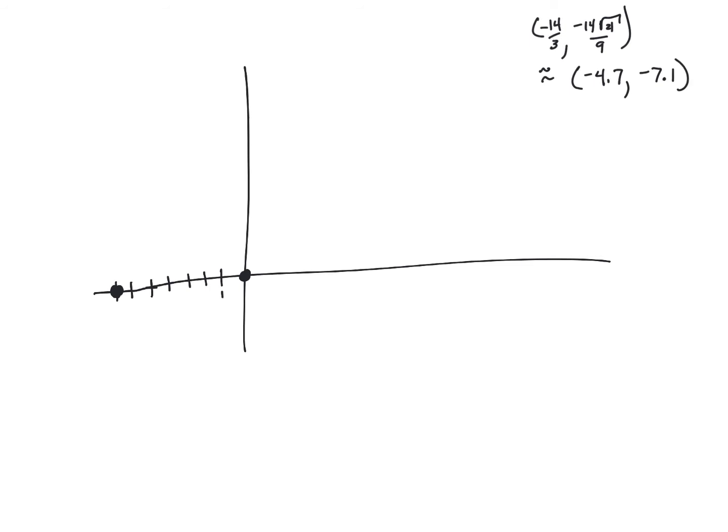So 1, negative 1, negative 2, negative 3, negative 4. 1, 2, 3, 4, 5, 6, 7. So it'll be about here. And this function decreases and then increases. And it is always concave up.